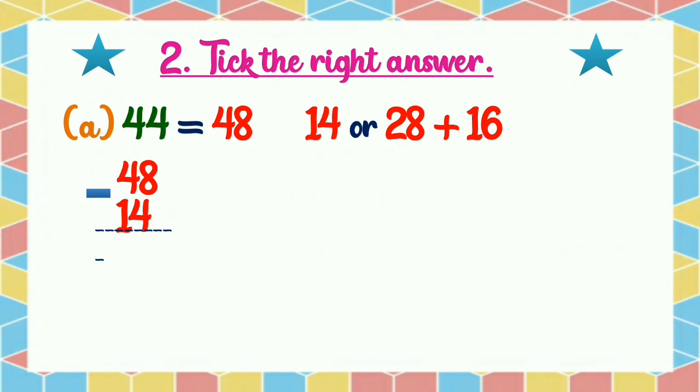Firstly we write 48 minus 14. Here we take the first digit from the right side. Now we have to subtract 4 from 8.